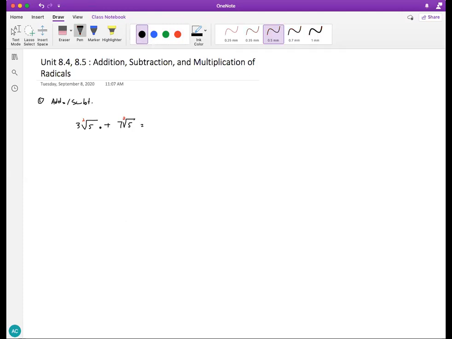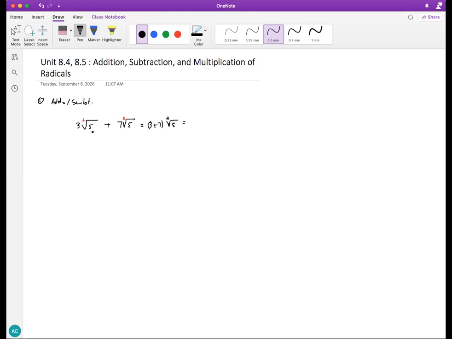When you add or subtract radicals, first you want to check these two. They have to be the same. And also the inside, the radicand, must be the same. If those are the same, then you just add the leading numbers. You say 3 plus 7, and here you have radical 5, index 2.